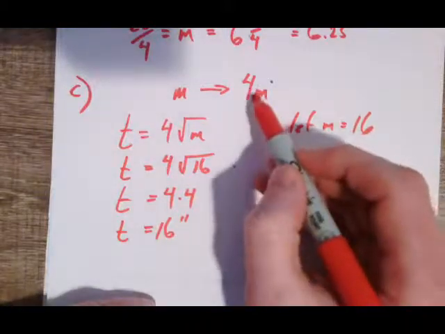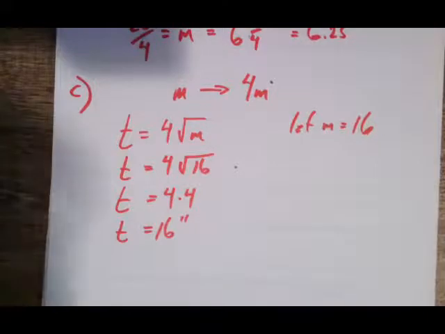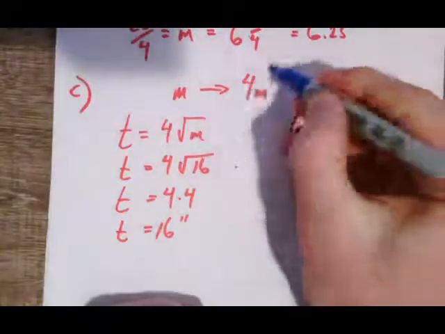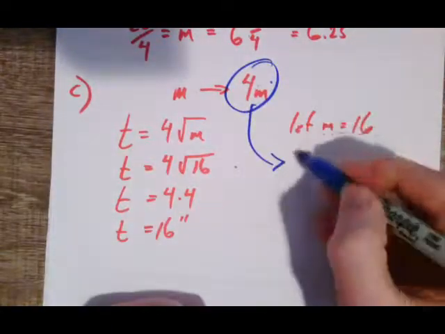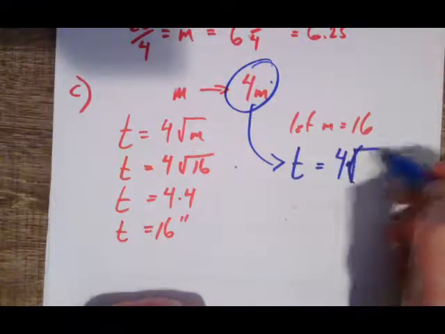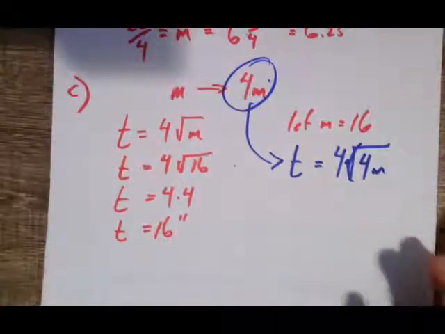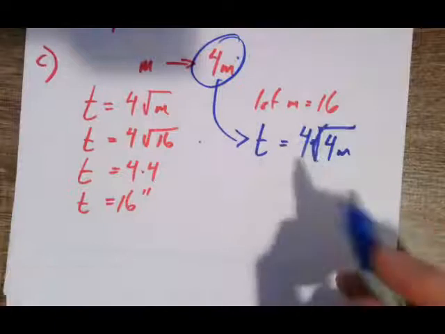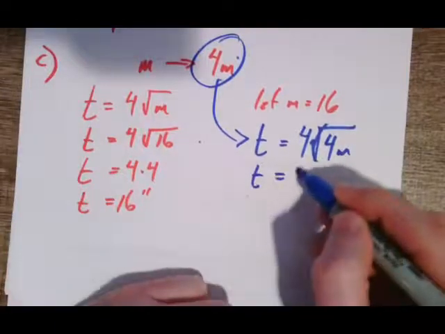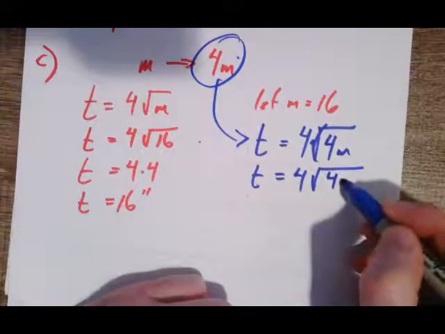Now, if it's 4 times that, what about that? I'll do it in a different color just to show you the difference. So T equals 4 times the root of 4M. M is 16 still. I'm running out of room. T equals 4 times the root of 4 times 16, sorry.